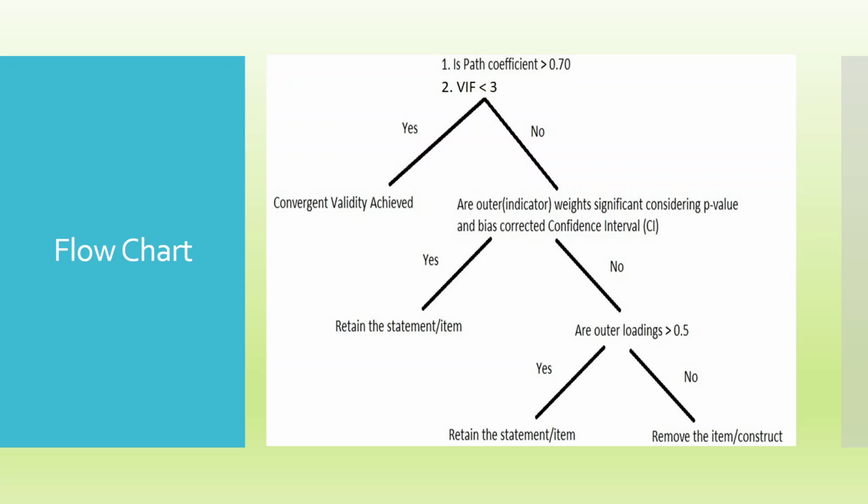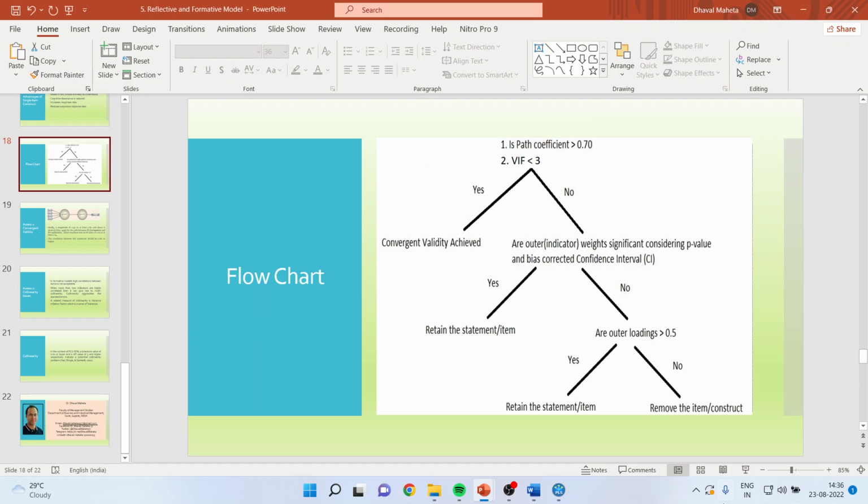In case of a formative construct, deleting the statement has very detrimental consequences on the content validity. And therefore, we take utmost care of retaining the statement rather than deleting it. That's the reason we have to follow this procedure before deleting any statement in a formative construct. Okay.